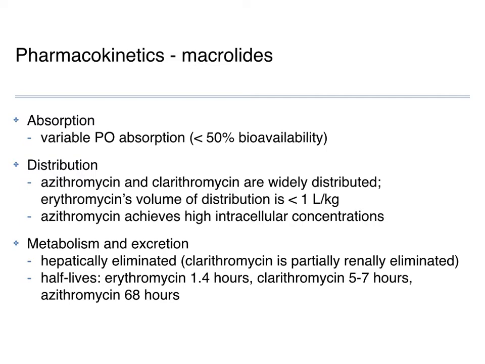That comes into play for certain infections where you have pathogens that also happen to live in your macrophages and monocytes. There are certain infections where azithromycin is really good because of that intracellular penetration, and there are other infections, which we'll talk about, where it's not so good because you have extremely low levels of extracellular drug.